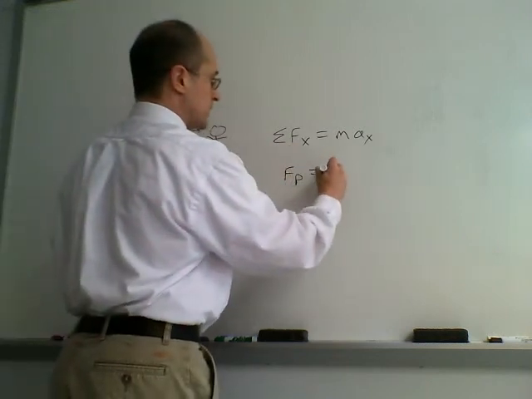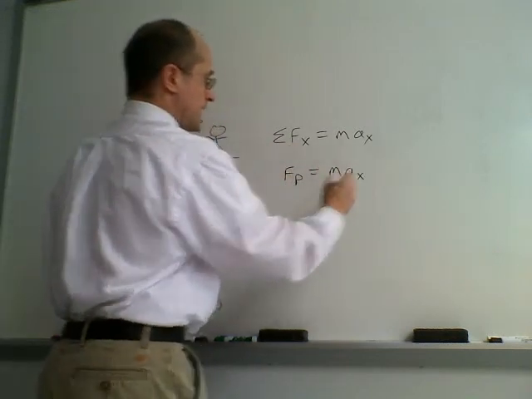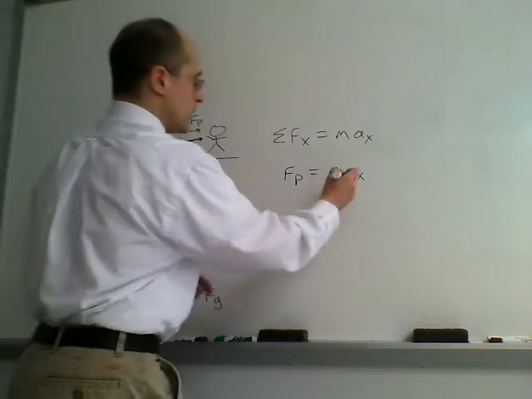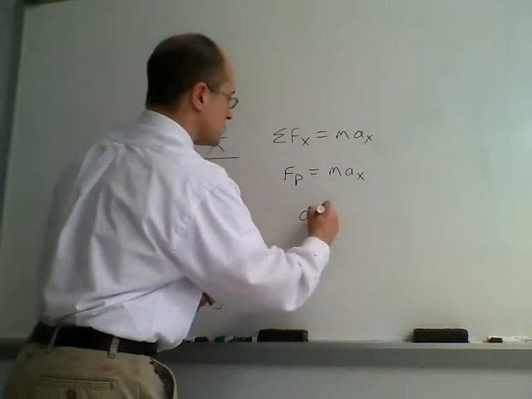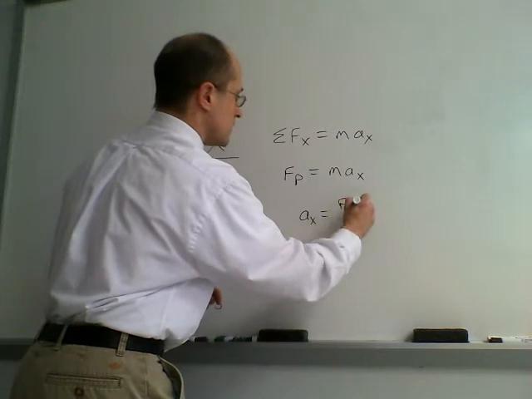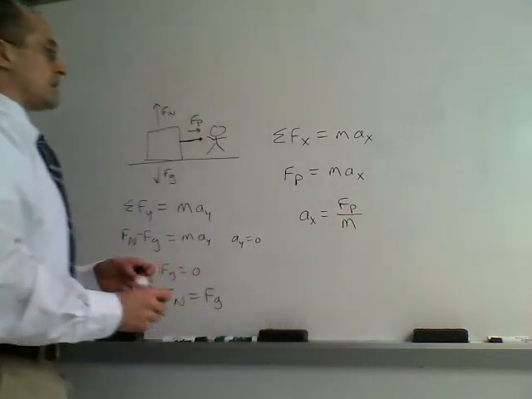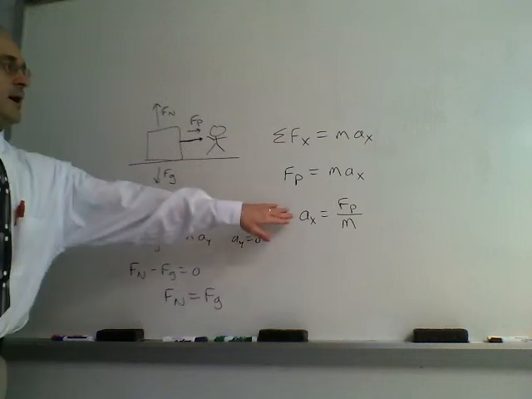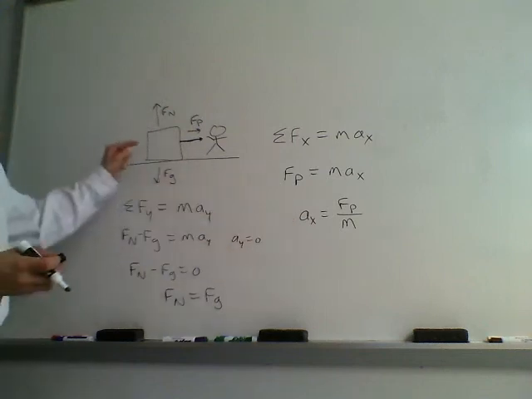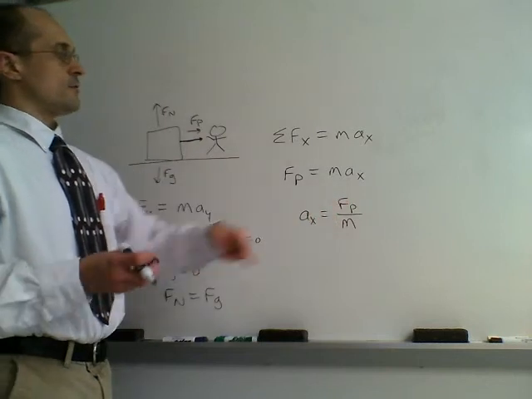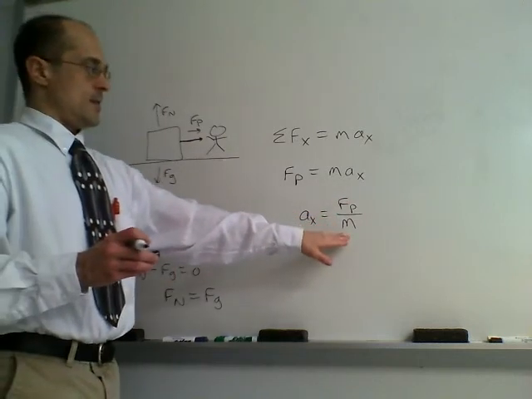So this has to be equal to the mass times the acceleration in the x. We can find the acceleration of the box in the x by taking the force of the pull divided by the mass of the box.